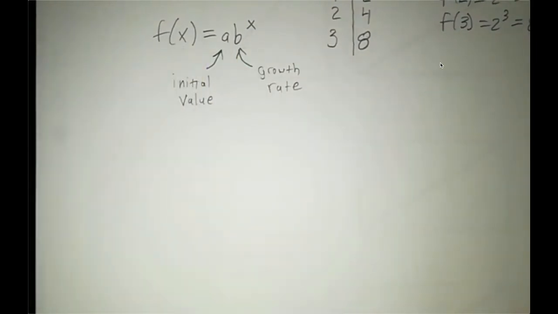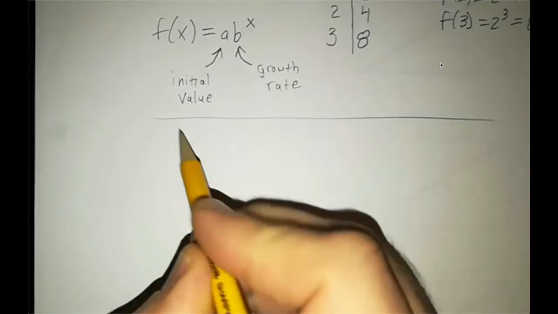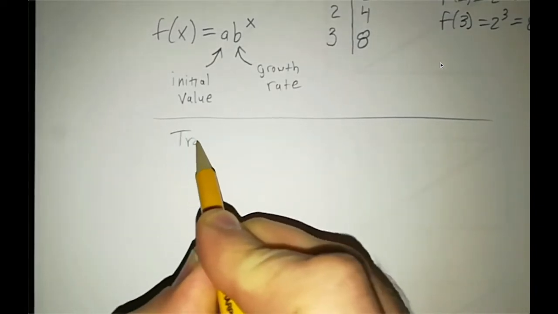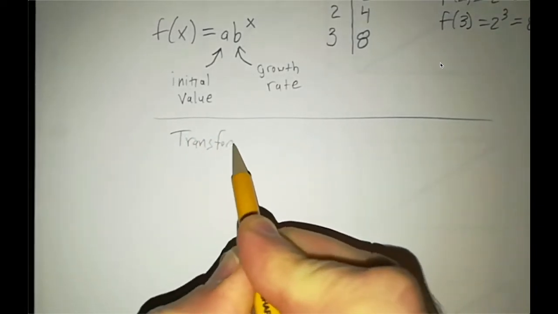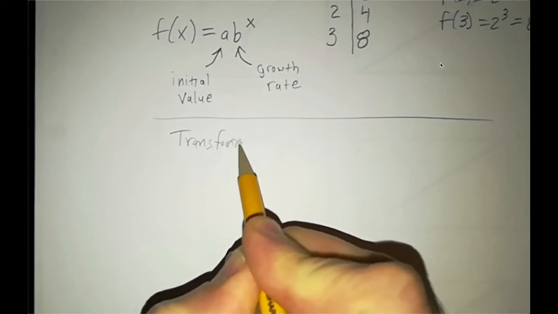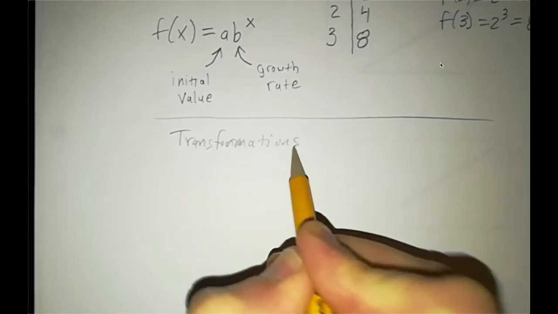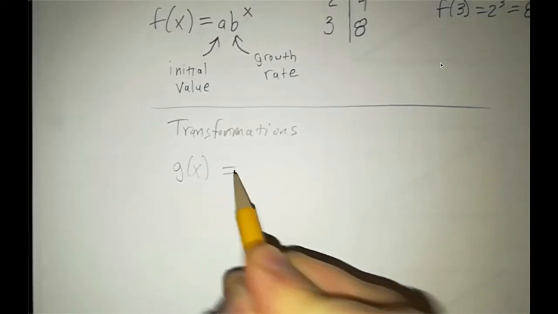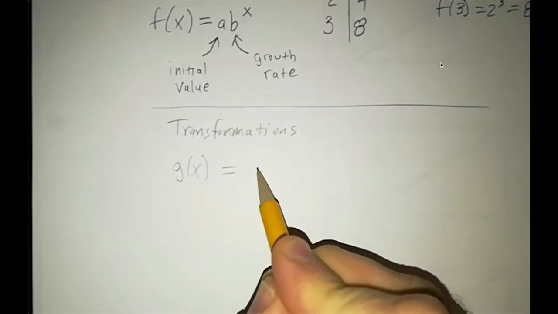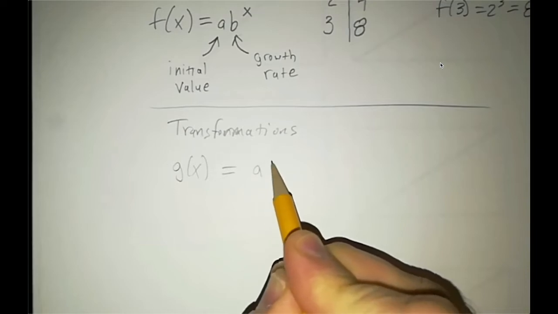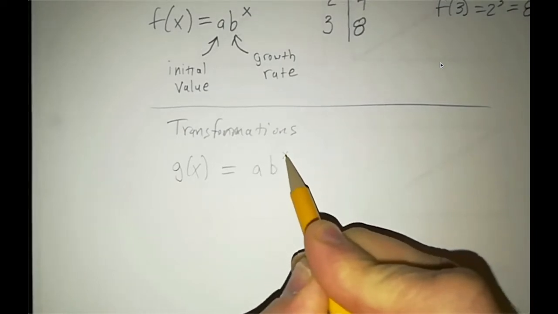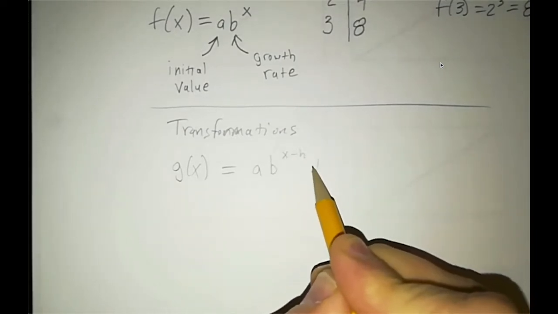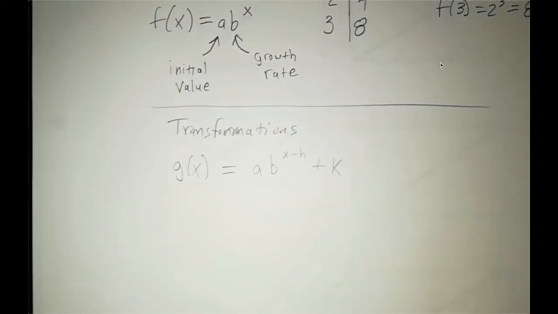All right, so earlier I gave you this form of an exponential. That's sort of the formula you probably used in Algebra 1, maybe it went a little bit beyond that. But now we're going to be talking about transformations of exponential functions. So that form looks a little bit different here, and we're going to call this g of x. It'll look like a times b to the x minus h, plus k. This might look a little familiar to you.